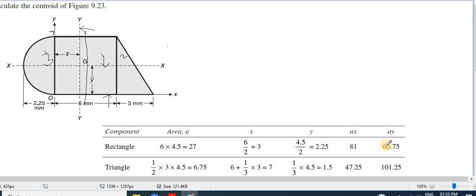Simple step. Next to triangle. You come to the triangle. Triangle, what is X2? Distance from reference axis Y to the local centroidal axis. Okay, so draw one local centroidal axis for this.